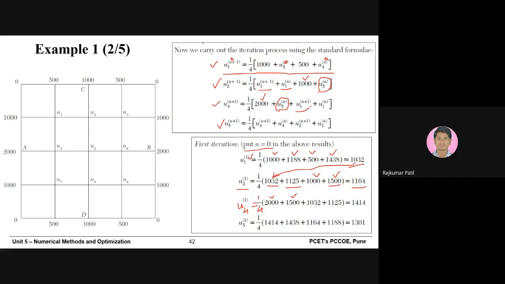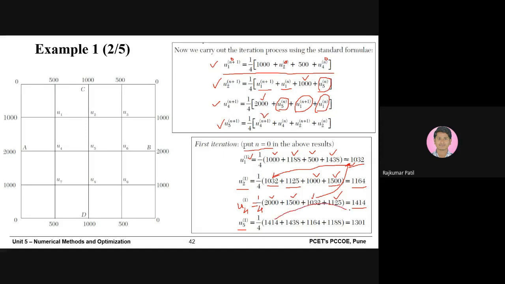Then U1 n plus 1 is taken from the latest iteration that you can see here. We estimated U1, and U1 raised to n is taken from the previous iteration. So you got 1414.